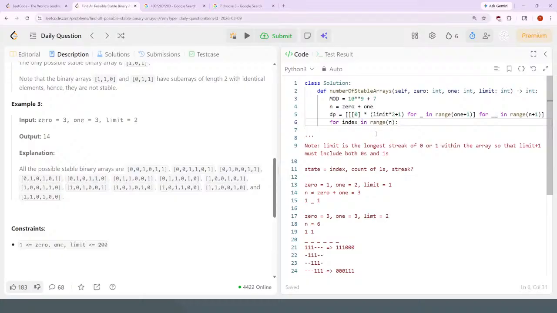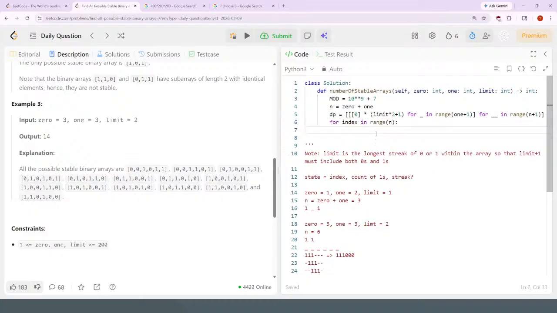N minus 1 goes to n. Yeah. So for every spot in my array, and then for every count of the number of ones.